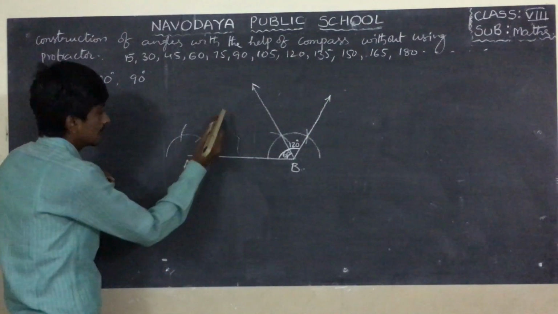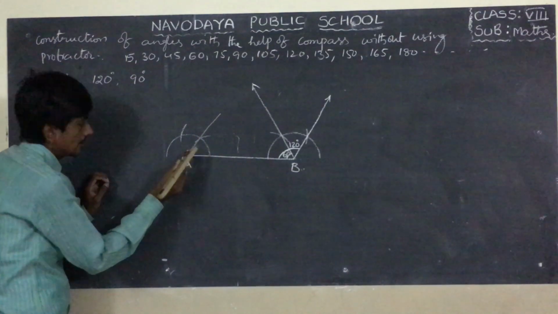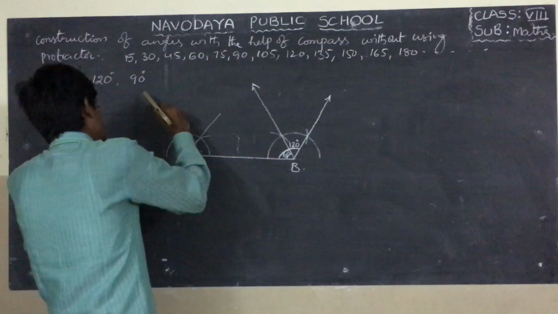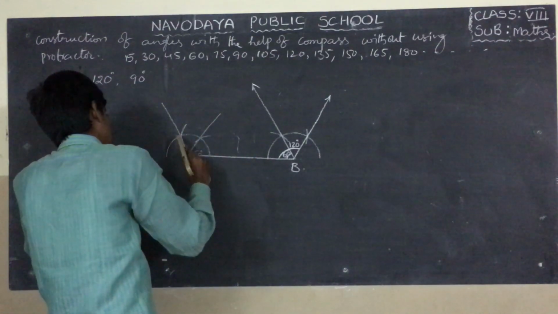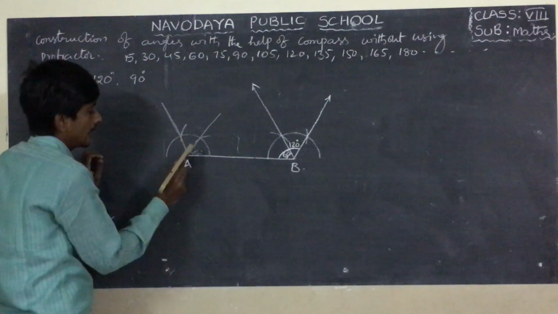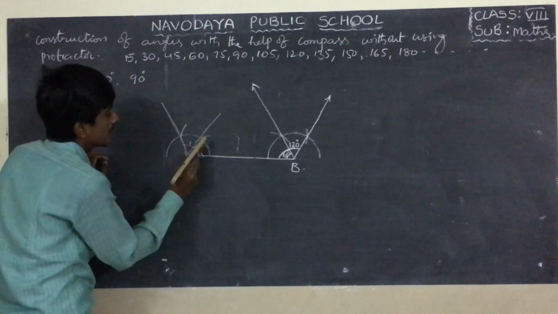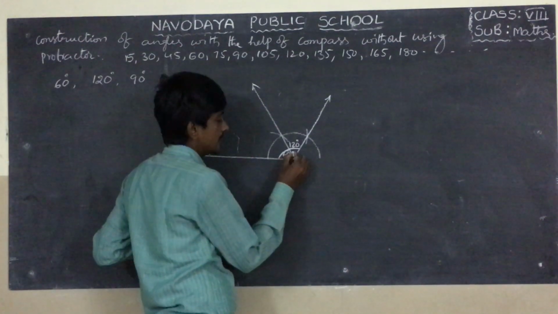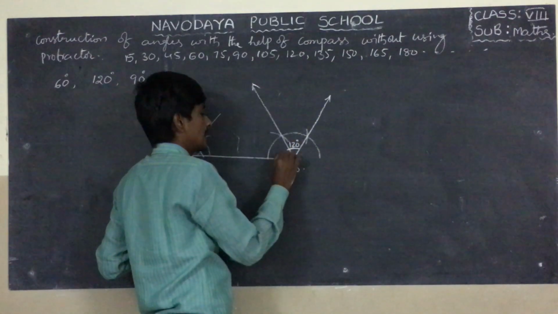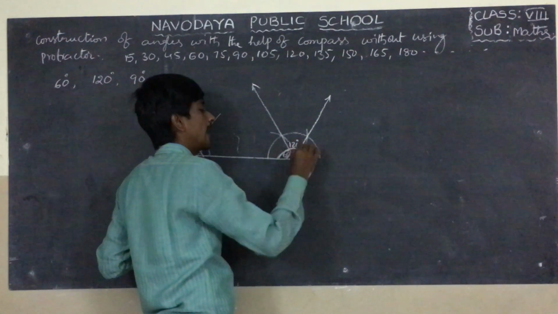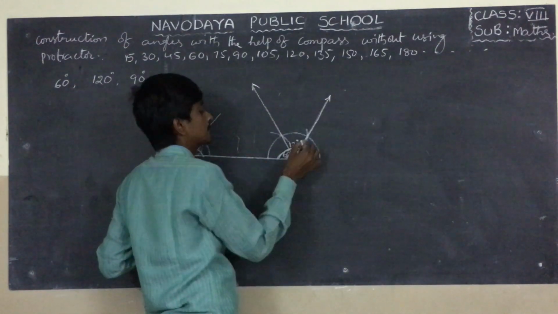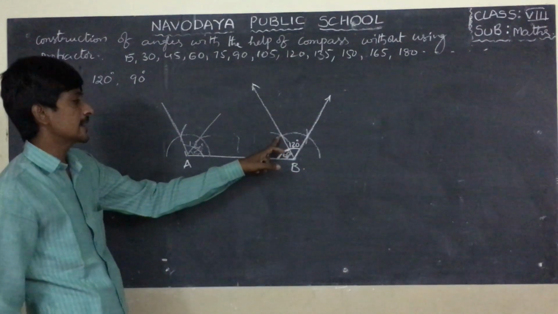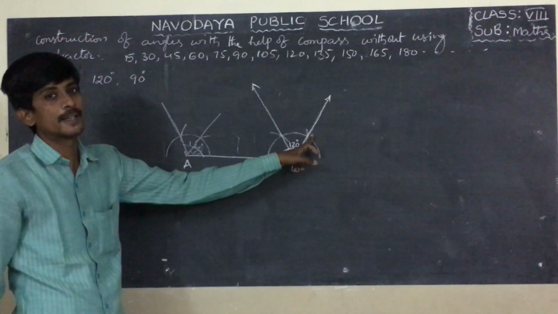The first is 60 degrees, and where the second arc intersects, that is 120 degrees. So the first arc is 60 degrees, the second arc is 120 degrees.